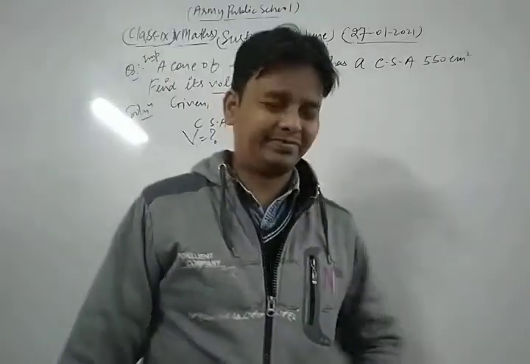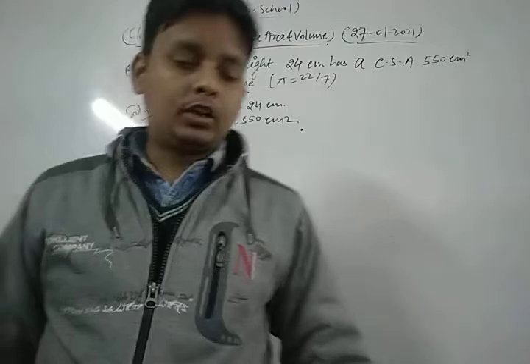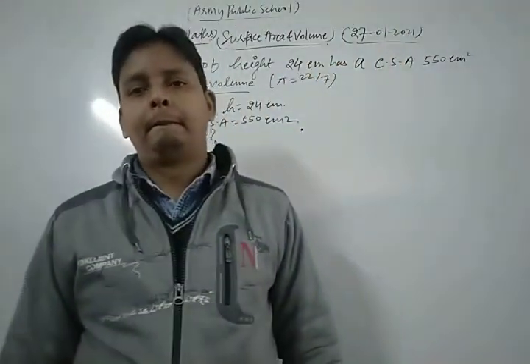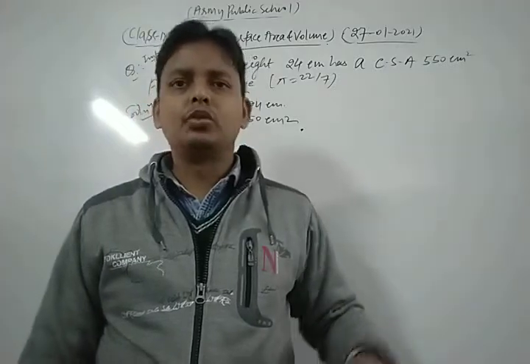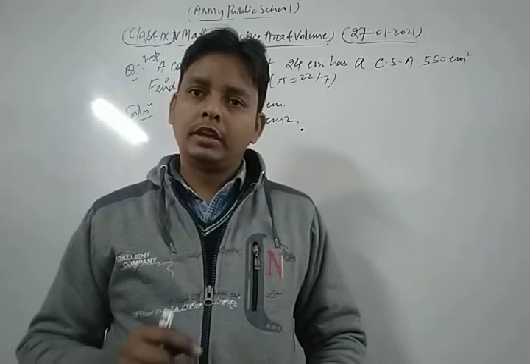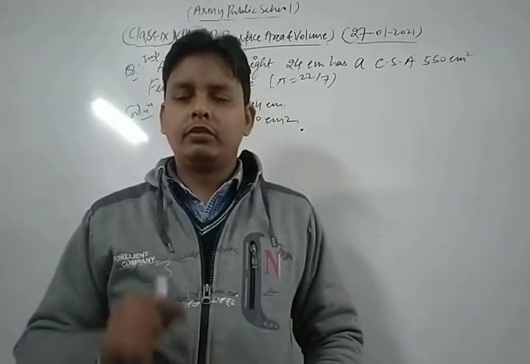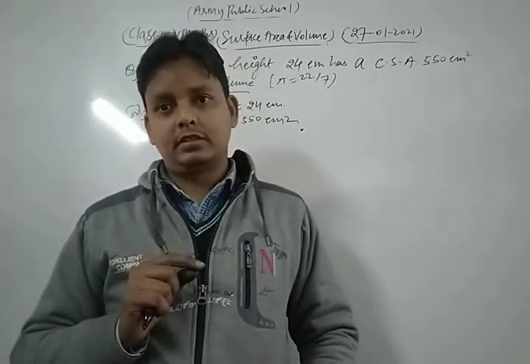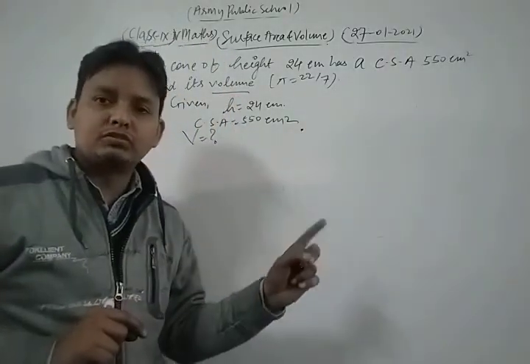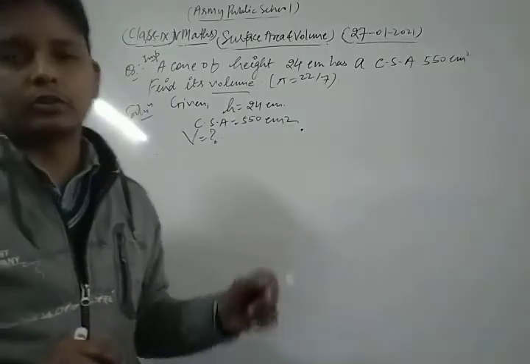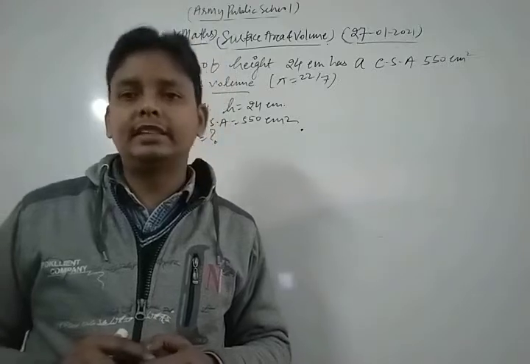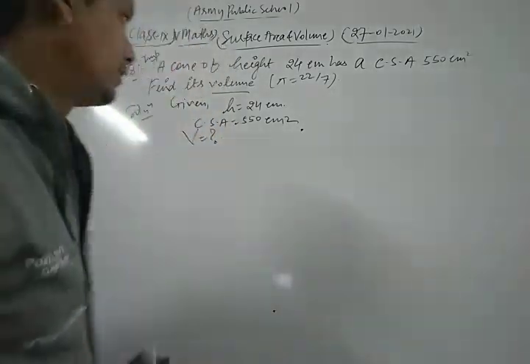Dear friends, in order to find the volume of the cone, first of all we find its radius. We have the value of h, no? You know that the formula for the volume of cone is 1 upon 3 pi r square h. So for finding the volume, we find the radius r.